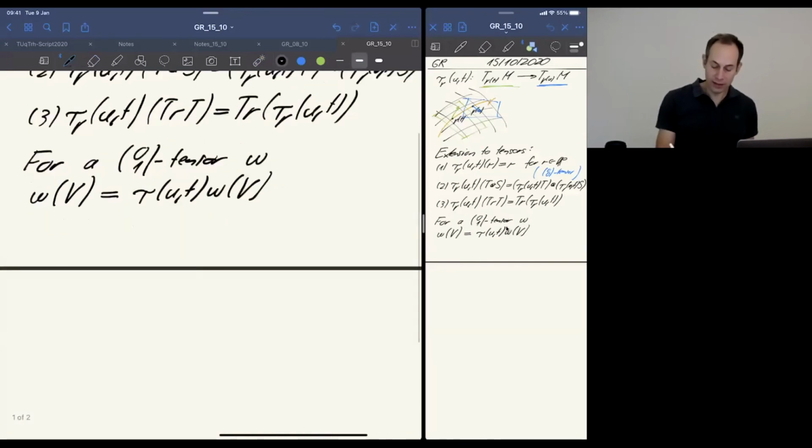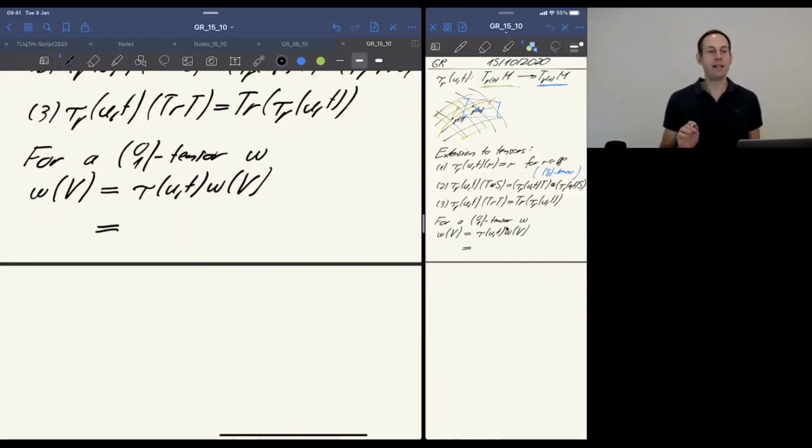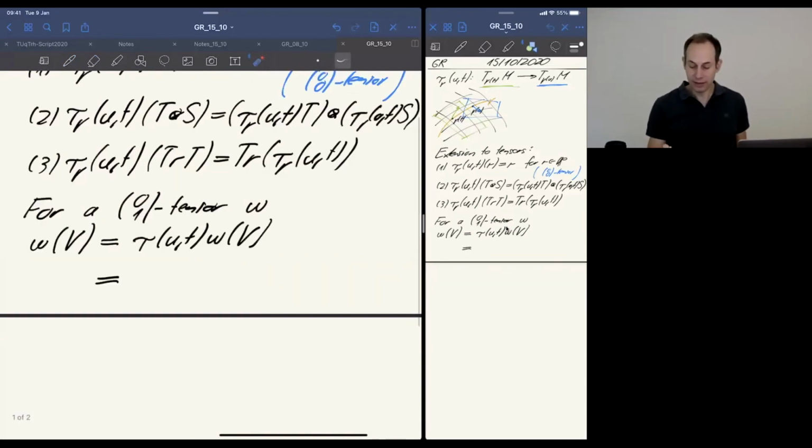But now I can write this differently, and I will not write this out again explicitly, but I hope you remember from last time that if I have this omega(v), I can write it as the trace of the omega tensor and the v tensor. So in other words, this is really equal to the trace of a tensor product, and therefore I can apply these two rules. And this essentially means they just both transform individually.